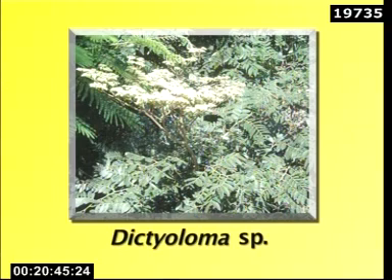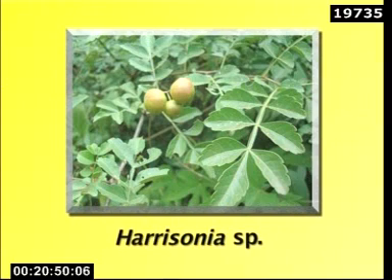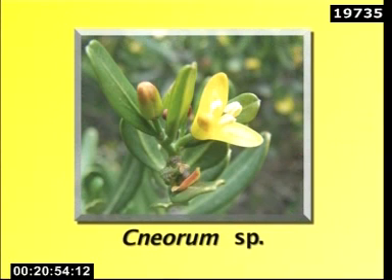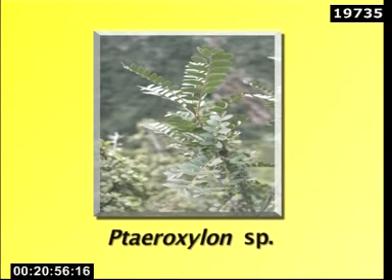The analysis further shows that the genera Spathelia and Dictyoloma of Rutaceae, Harrisonia of Simaroubaceae, Cneorum of Cneoraceae and Ptaeroxylon from Ptaeroxylaceae form a clade sister to all other Rutaceae.